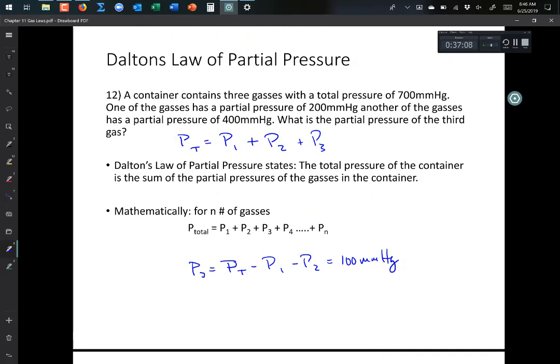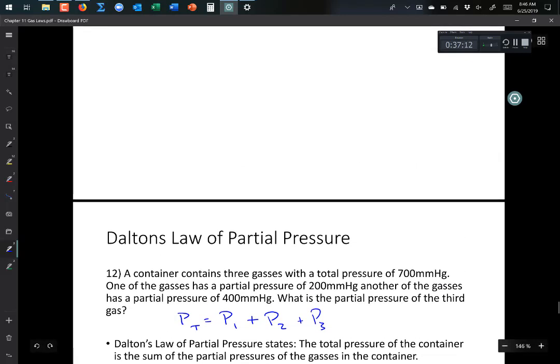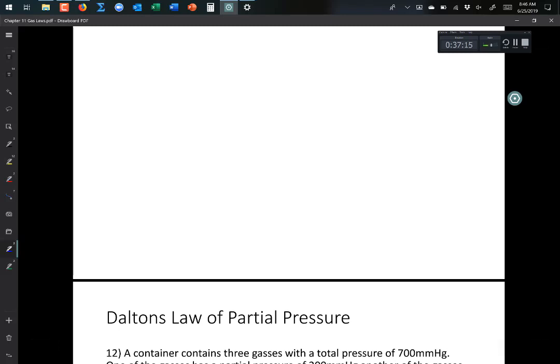I want to show you one other thing. It's not in these notes. What is the composition of air? What are the 2 most abundant gases in air? Nitrogen and oxygen, right?